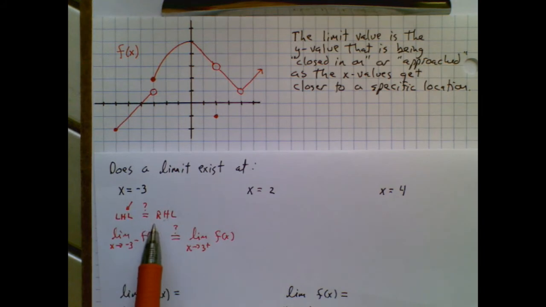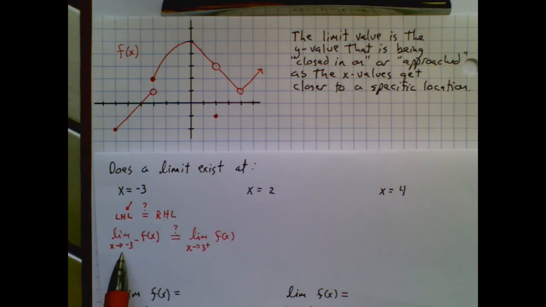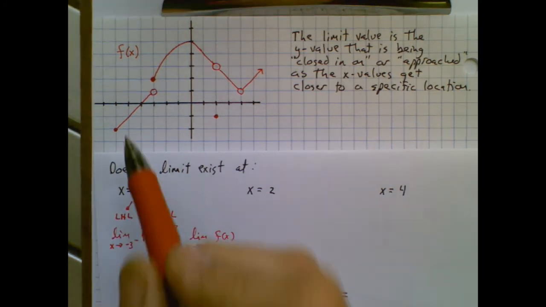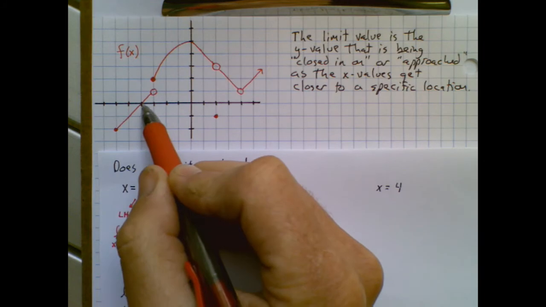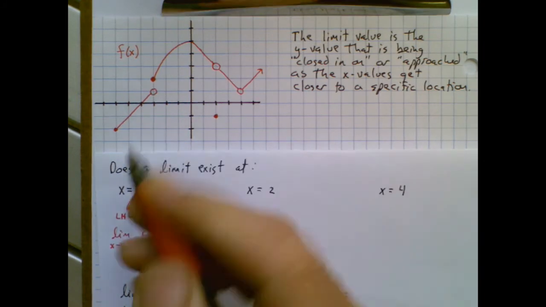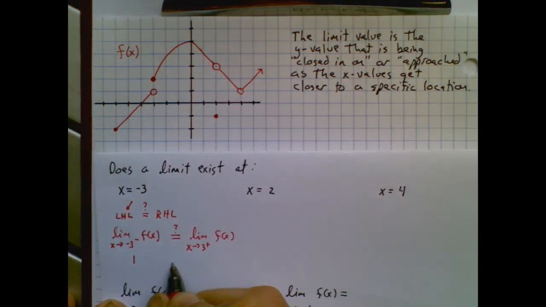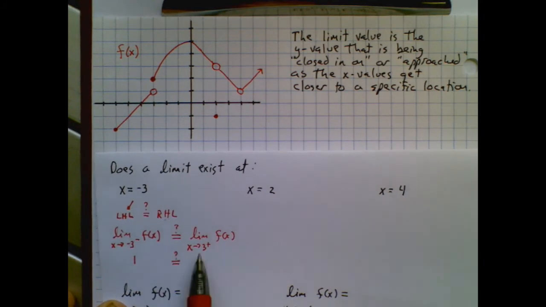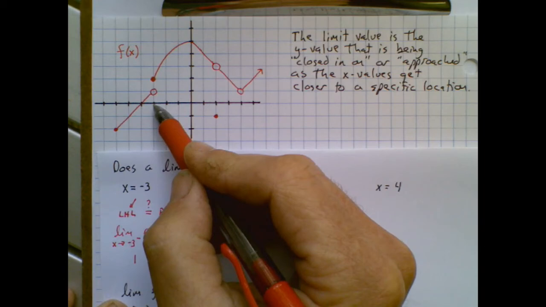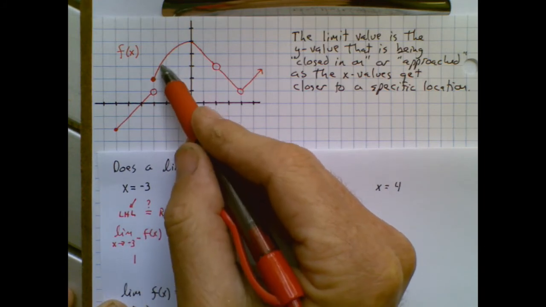That's kind of like mathematics slang. This is the math language. So now let's look at the graph. As I approach -3 from the left, I'm closing in on 1. I'm wondering if it equals, let's approach -3 from the right. Here's my x value of -3, so to come from the right, I have to be on this section of graph.